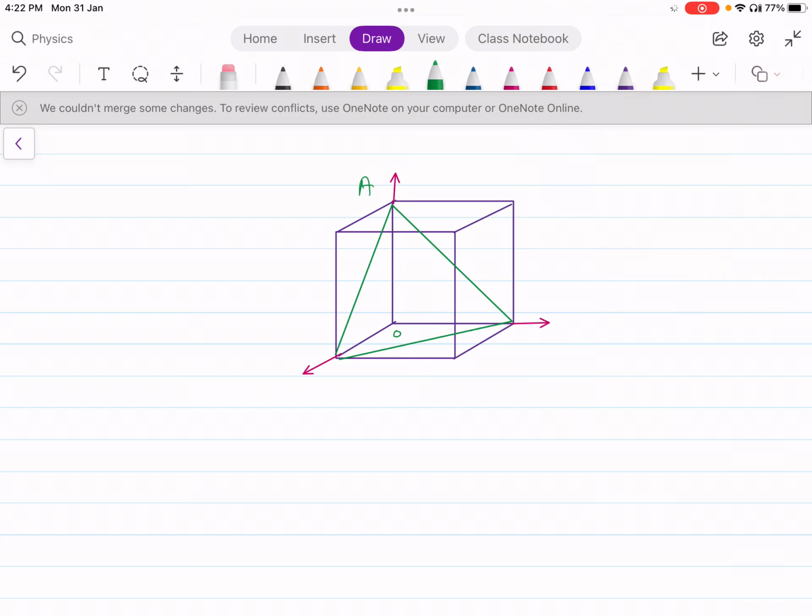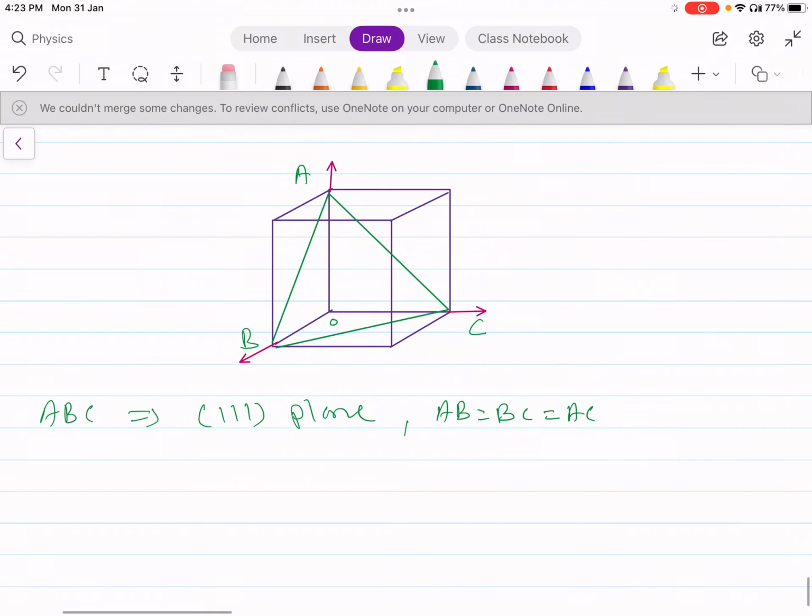If this is A, B, C, then ABC is the plane in which AB equals BC equals AC, and they are face diagonals, which equal root 2 A. So each side of this triangle is root 2 A, and it is an equilateral triangle.